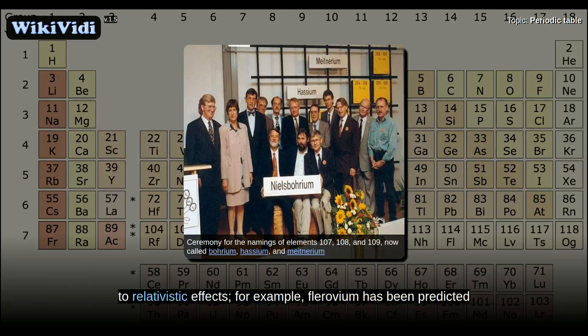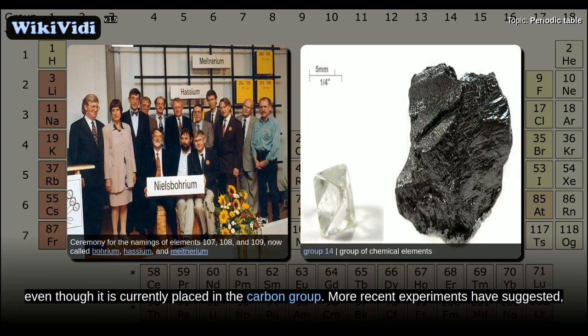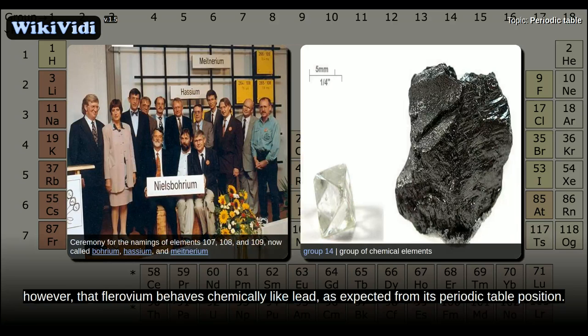For example, flerovium has been predicted to possibly exhibit some noble gas-like properties, even though it is currently placed in the carbon group. More recent experiments have suggested, however, that flerovium behaves chemically like lead, as expected from its periodic table position.